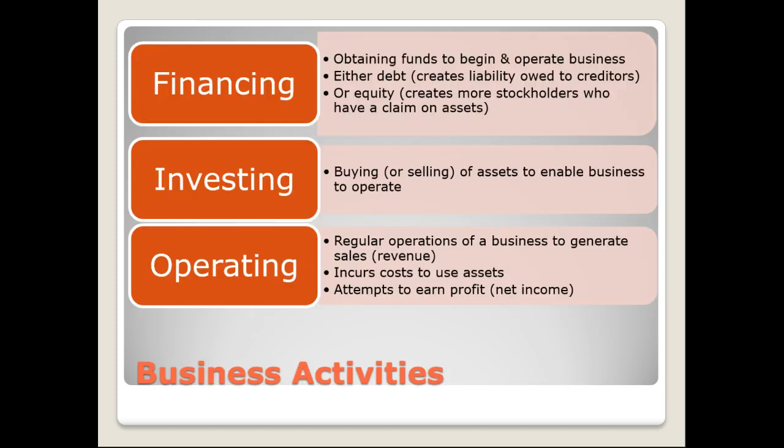Now, what do businesses do? Well, they engage in business activities. And on page 6 and 7 in your textbook, you notice that there are three main business activities. They fall into three categories. There's the financing activity. And in financing, the business is trying to obtain funds to begin and operate the business.